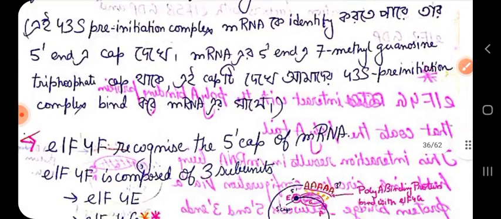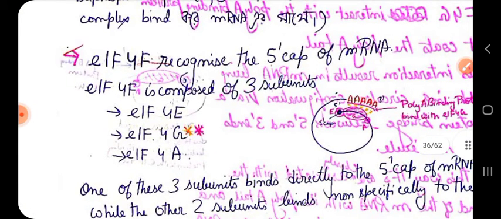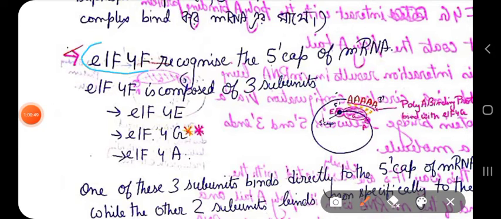On the other hand, there are also some more initiation factors that recognize the 5 prime cap region as well. Well, EIF4F is another initiation factor found in the eukaryotic translation process which recognizes the 5 prime cap of the mRNA.